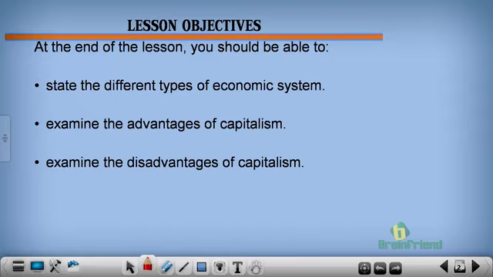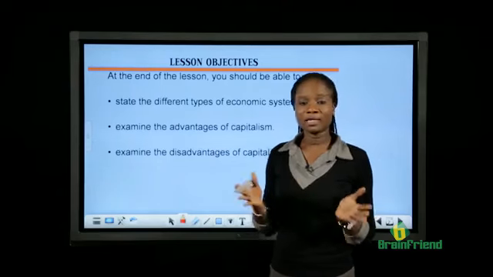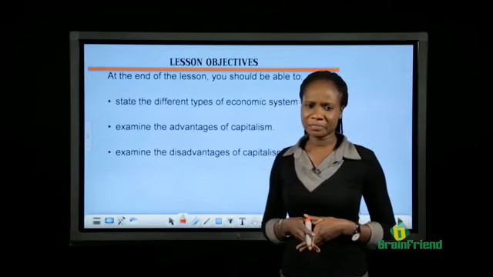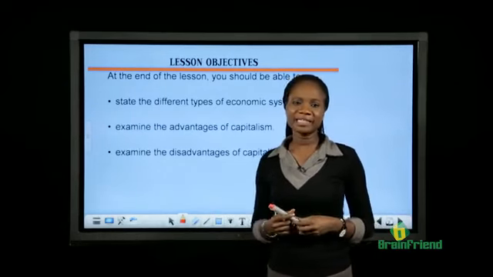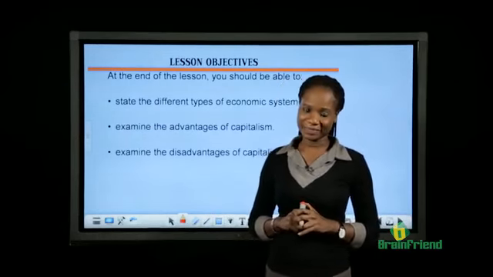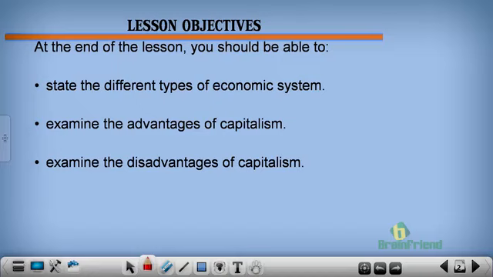In this lesson, we'll be looking a little bit at the features of capitalism, and then we'll be considering the advantages of capitalism and the disadvantages of capitalism. And so at the end of this class, I expect that you should be able to state the different types of economic systems. You should be able to examine the advantages of capitalism and also examine the disadvantages of capitalism.